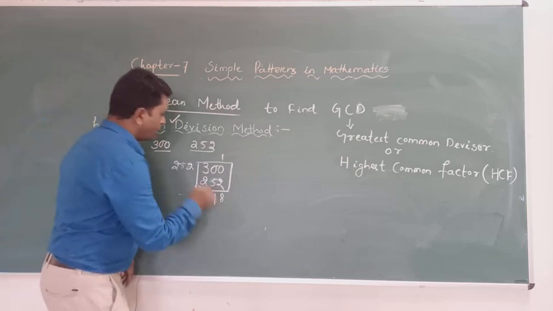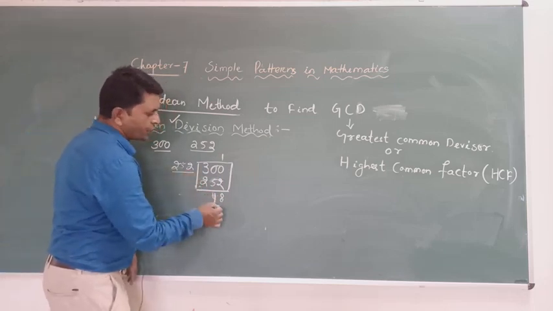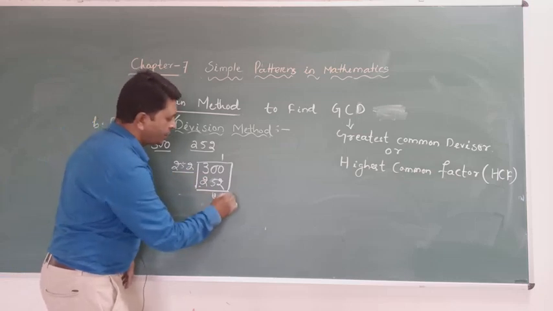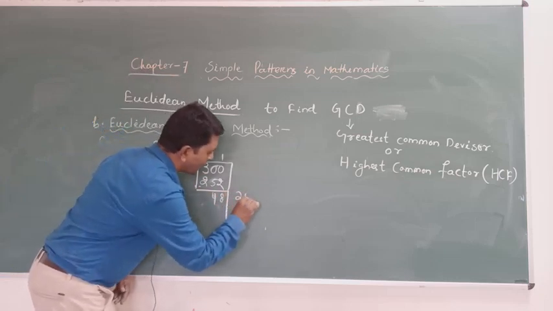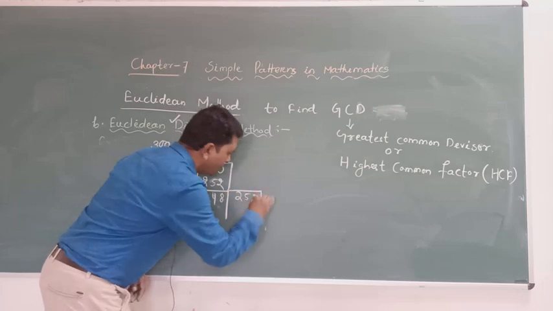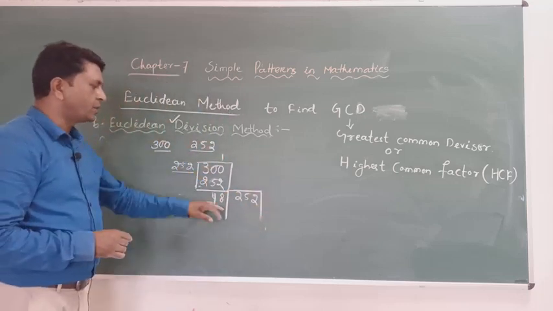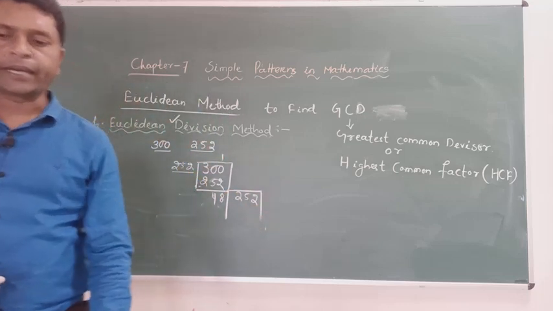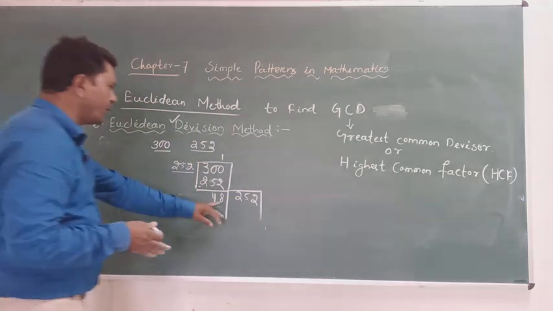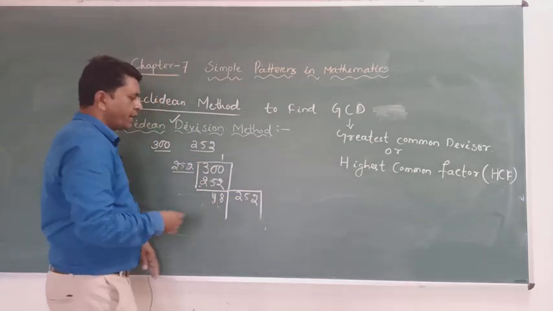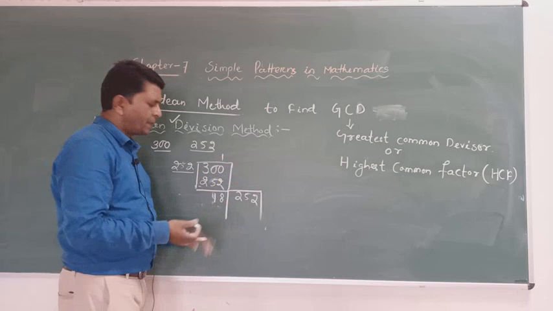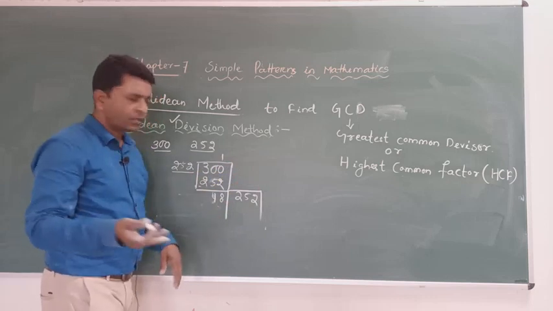Again we have to divide 252 by 48. So put a line here, write the number 252 and divide by 48. Just multiply 48 by some numbers.